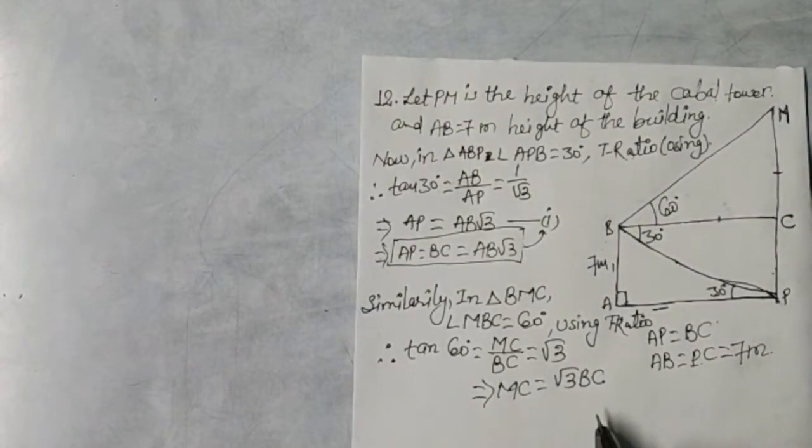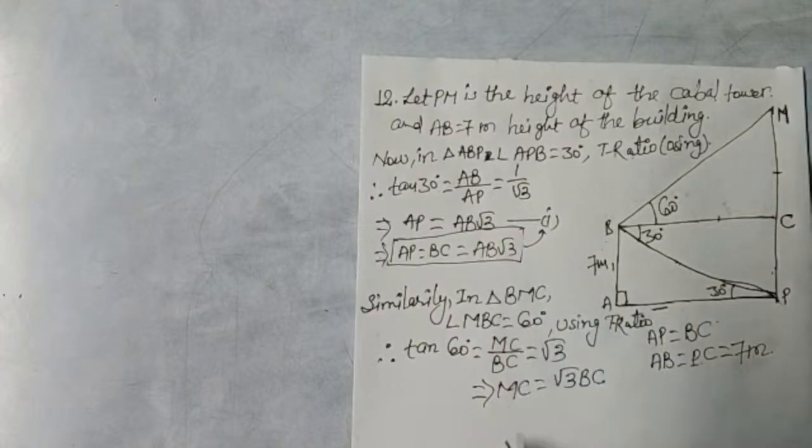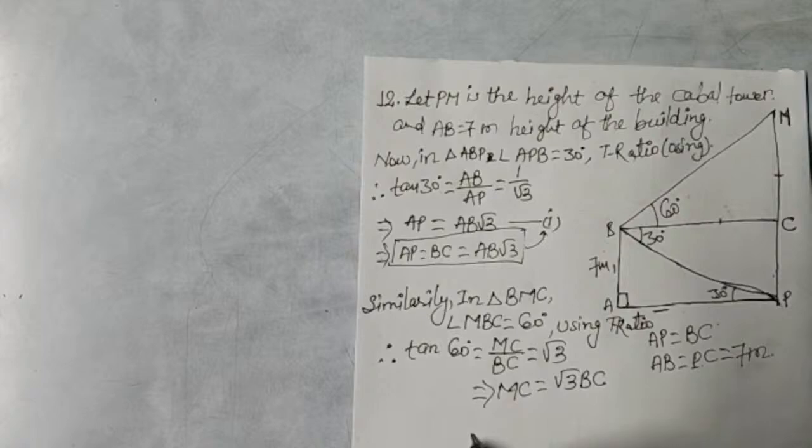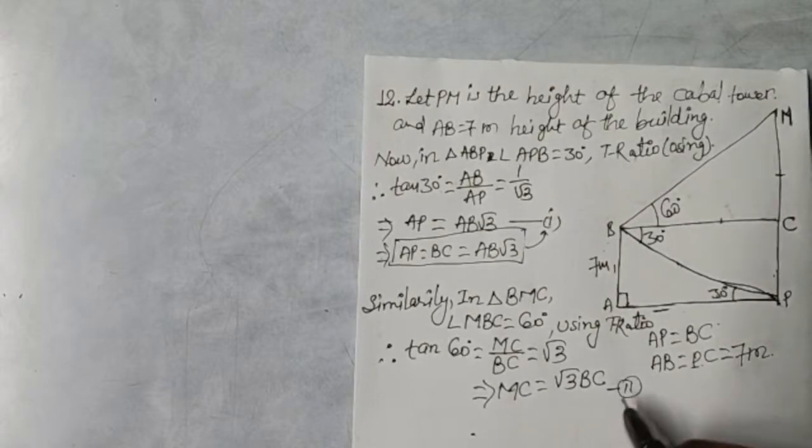Now we can put the value of AB. AB is 7 centimeter. This is equation second.